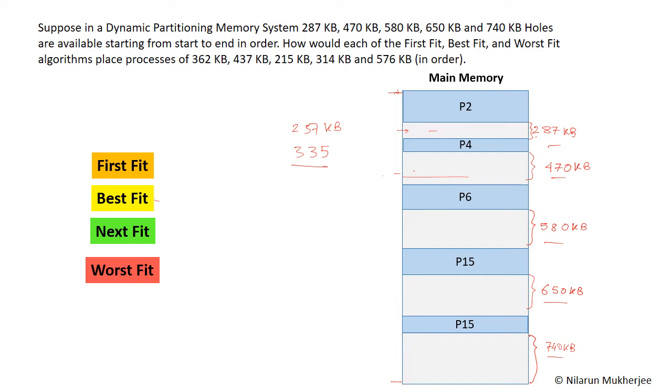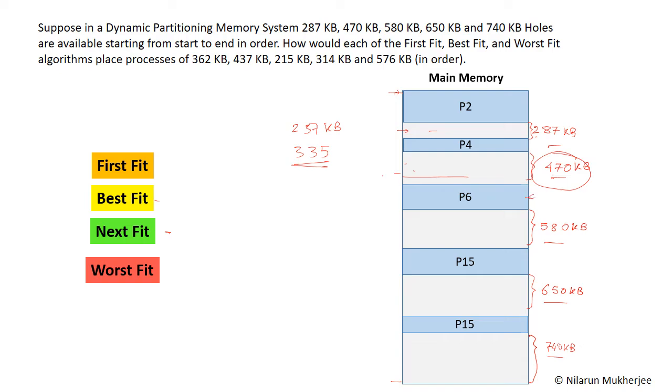When it finds all the holes, then it has to see which hole is just large enough. So the smallest hole that is large enough to fit that process is 740, so it will put it there. So there is a time complexity: every time it has to search the entire memory to find the best hole. This is the worst case complexity. Every time it will have that.